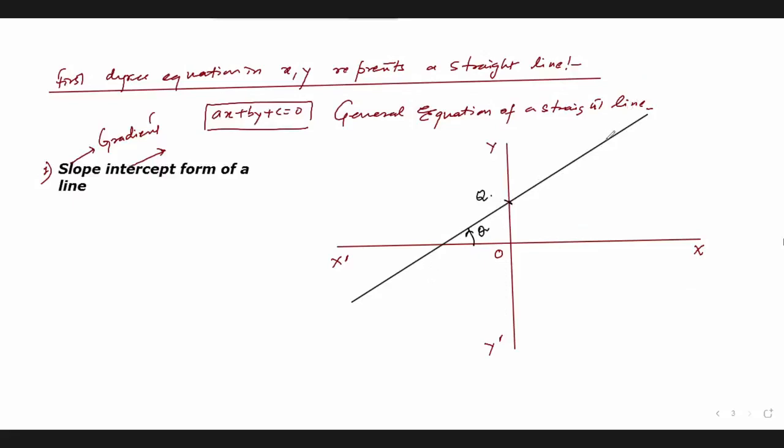What will be the equation of this line? I want to represent it. It is cutting the y-axis at an intercept. Suppose this distance is C. This OQ distance I have taken as C.